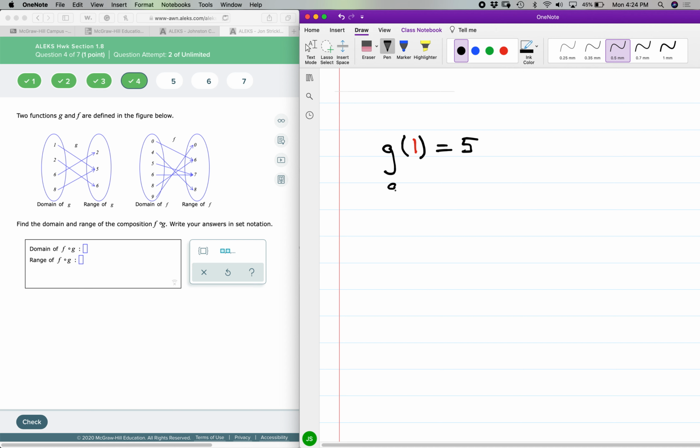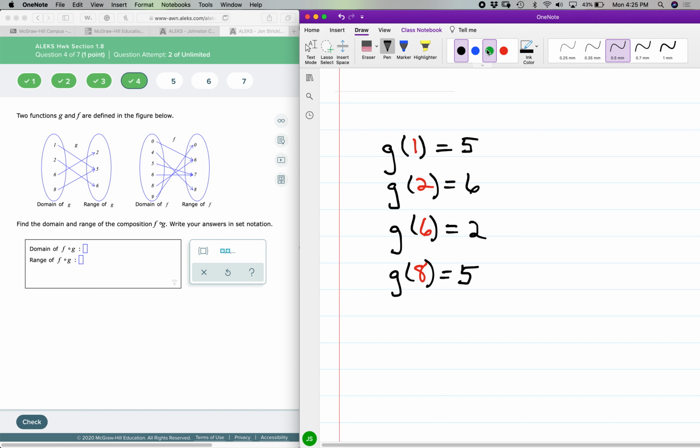Next in line, we have G of 2, and that's equal to 6. And we have G of 6, and that is equal to 2. And we have G of 8, and G of 8 is equal to 5.